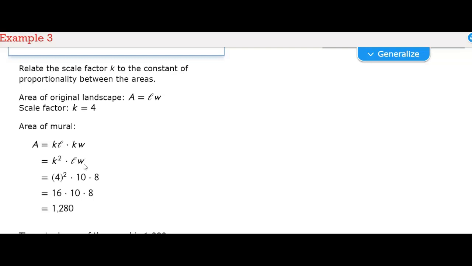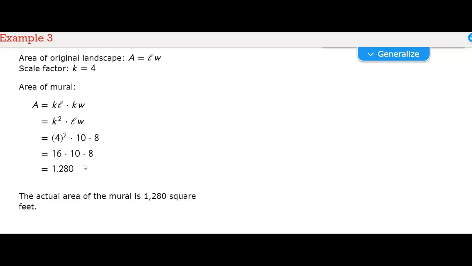So 4 squared times 10 times 8. Then we have 16 times 10 times 8, and that's equal to 1,280. So that gives us the same answer, just a different way of doing it.